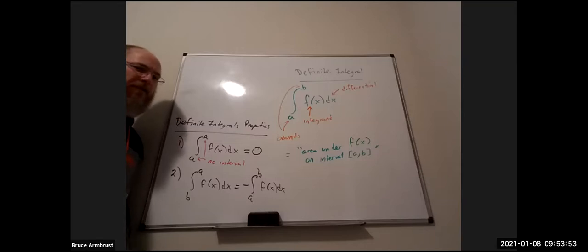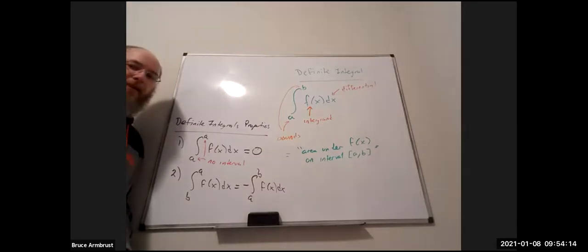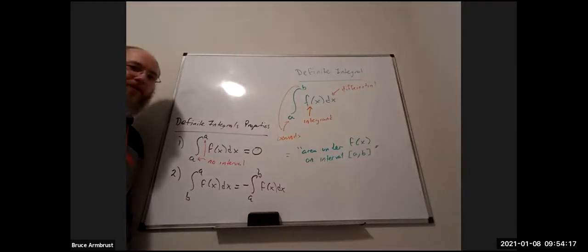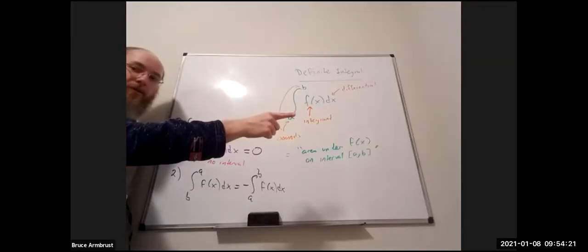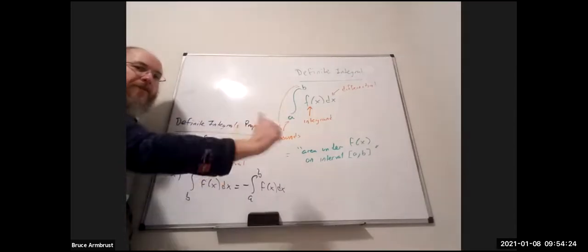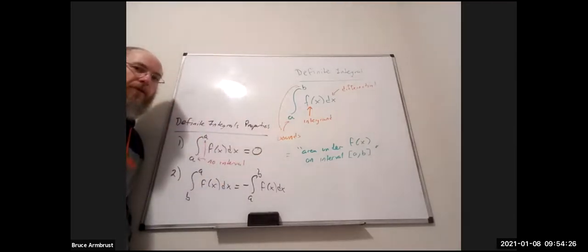Now, this one's a little bit harder to see geometrically because to us, area is area. Area is a positive number and all that. But this is really the same sort of thing that's happened to you forever in math. What does a negative actually mean? What's the difference between 5 and negative 5? Well, it's just direction. 5 is 5 steps that way from 0. Negative 5 is 5 steps this way from 0.